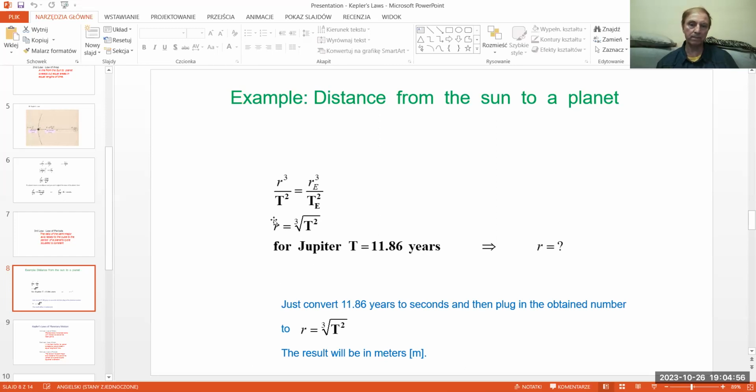So we have solved this problem using letters or symbols, and the last step is to insert numbers, which is not so important. The most important thing is to understand, as usual, how to solve a given problem, and plugging in numbers is the last step, and all of you can do it using any calculator.